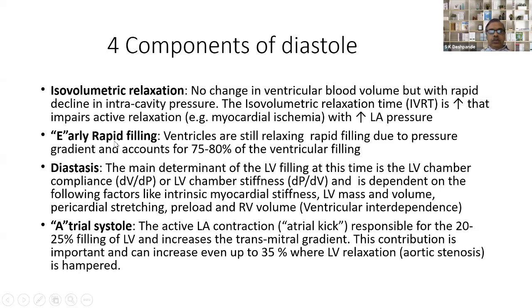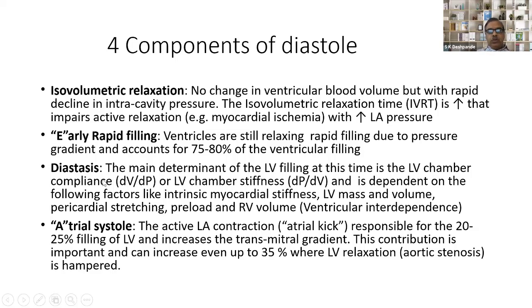Then, once the pressure gradient is reached, there is a sudden opening of the mitral and tricuspid valves, and an early rapid filling phase causing the E wave. The ventricles are refilled by almost 75 to 80% in this phase. Then the pressure between the atrium and ventricle becomes almost equal. That is called diastasis. It gives an effect like a stasis of blood between the atrium and ventricle.